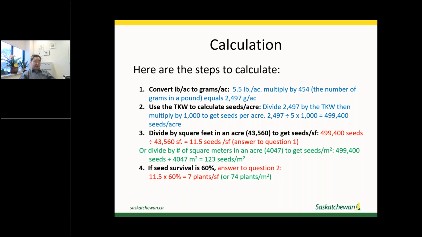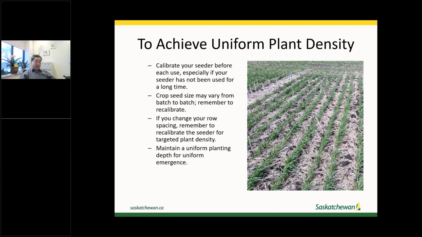Or you could divide by the number of square meters in an acre. Use 4,047 square meters instead of 43,560 square feet, and you get 123 seeds per square meter.